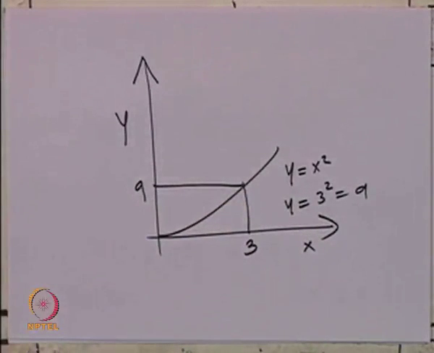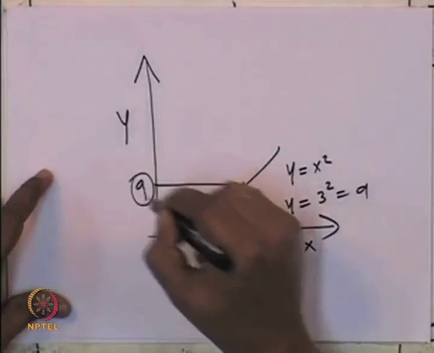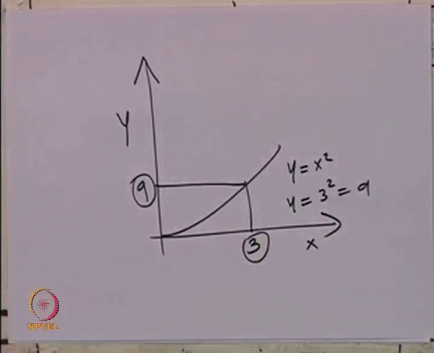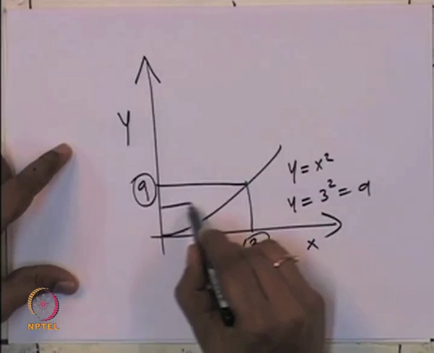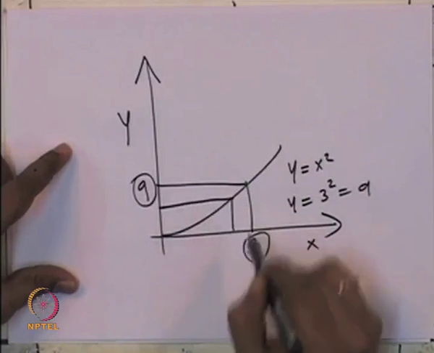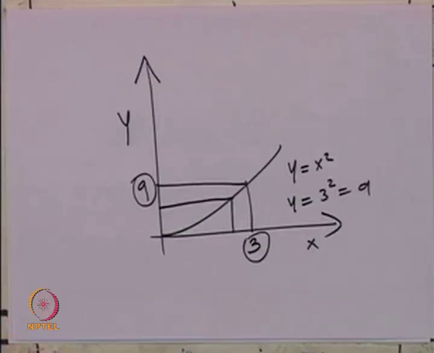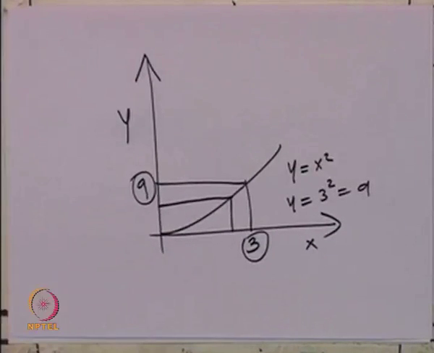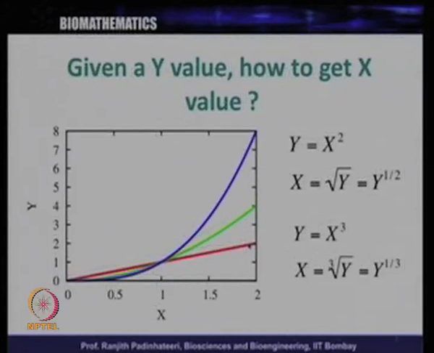Now, if you know the y value, how will we calculate the corresponding x value? So you could ask this question: given a y value, how to get the x value. Let us look at some examples.